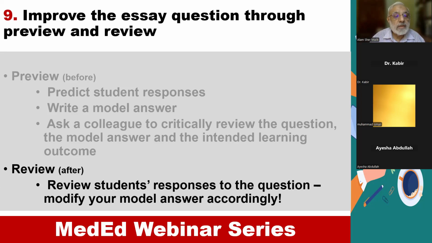And then we review student responses after they have answered the question. Sometimes we have to modify our model answer by looking at the responses of the students, if they have given genuine or reasonable answers which we could not think of beforehand, but they are acceptable. So those answers should be included in the model answer.